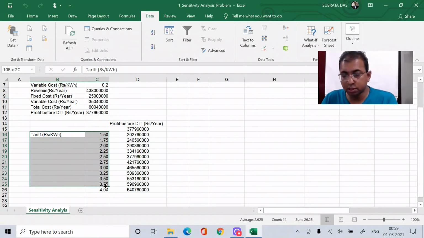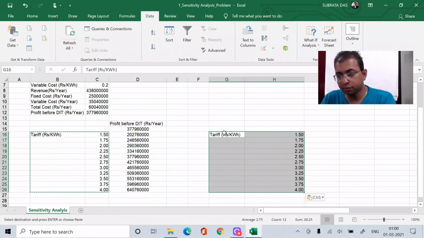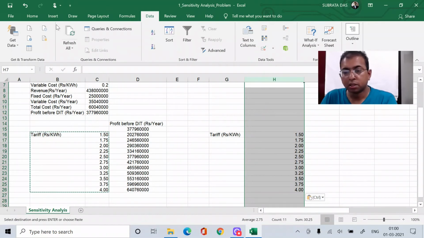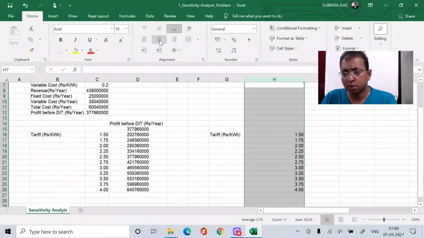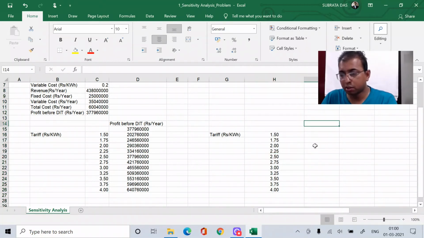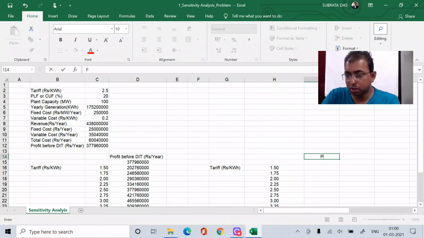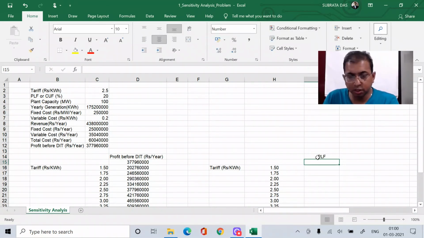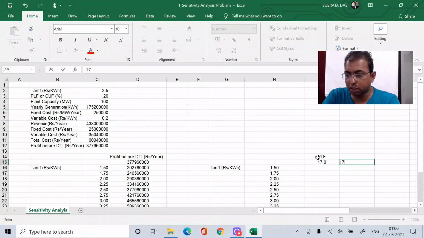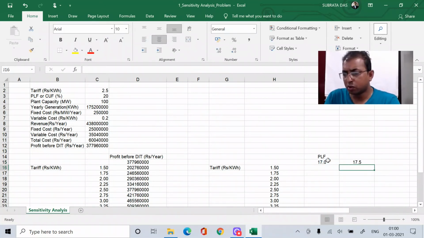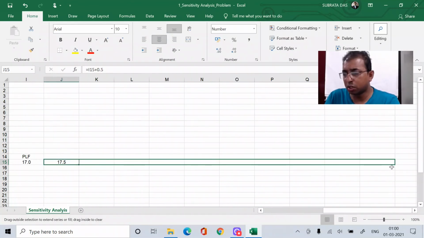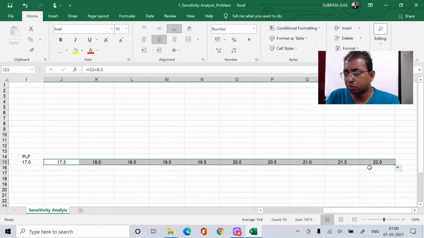This is only one variable change. Now if I change tariff and at the same time change PLF, how will it look? PLF will be varied from 17 in steps of 0.5, 17 plus 0.50 in this range, and I will go up to 22.